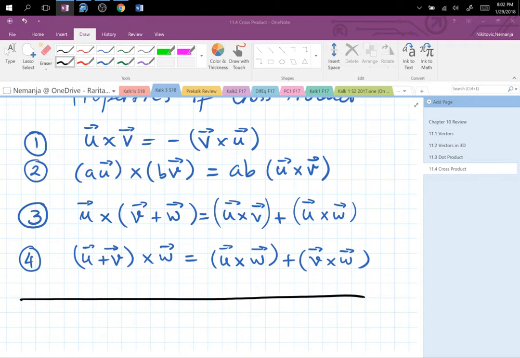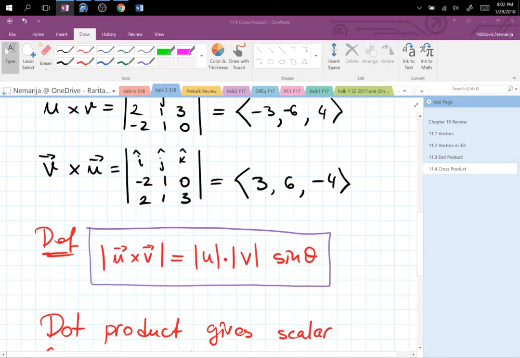What else? So the way to compute it, you did this, and how does the magnitude relate to the cross product? Well, that was the formula in this definition. The magnitude of the cross product is given by the magnitude of each one times the sine of the angle between them.